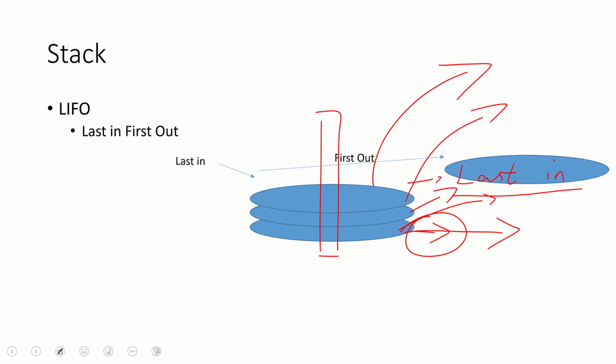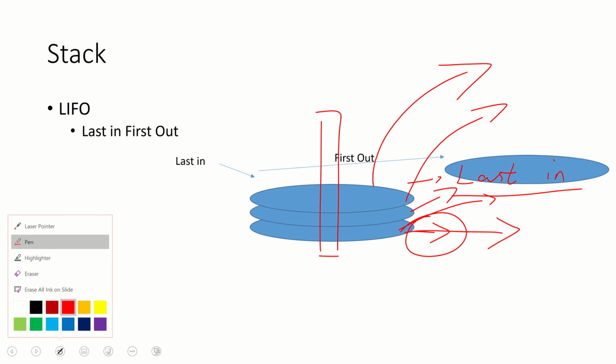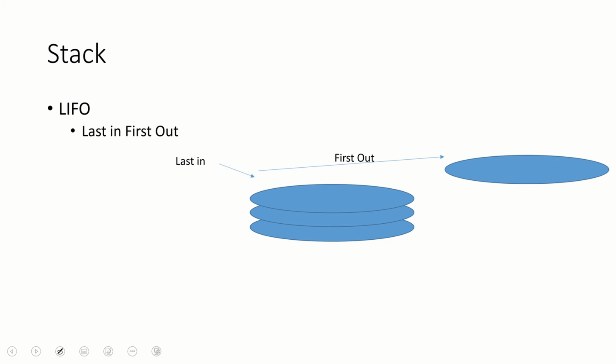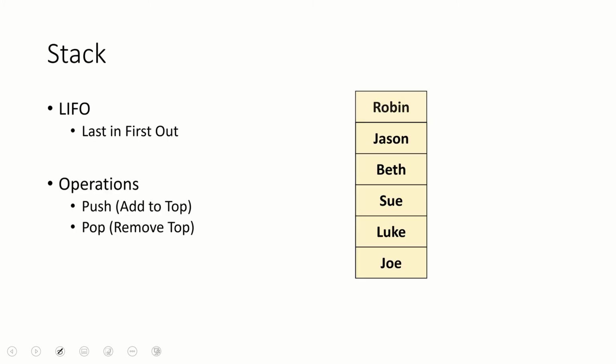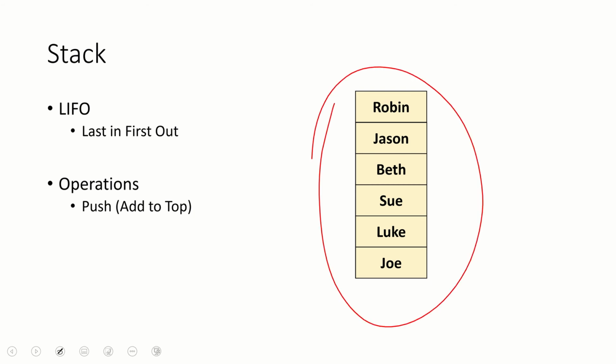So in the stack, we have three operations. One operation we call the push. The push means we push a new item on the top of the stack. For example, this new item is Tim.